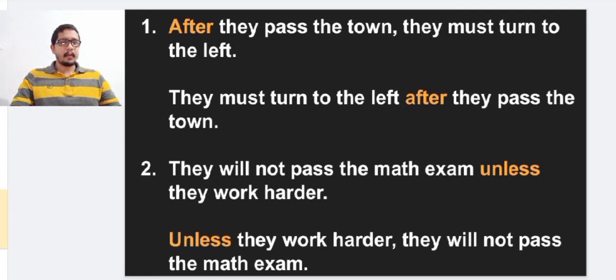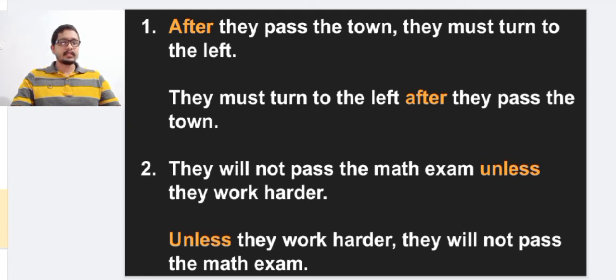And I did not use a comma here: they will not pass the math exam unless they work harder, because here the independent clause is used first. So when we use the independent clause first, we don't use a comma. Here the conjunction comes in between clauses. At the same time, "Unless they work harder," comma, "they will not pass the math exam."